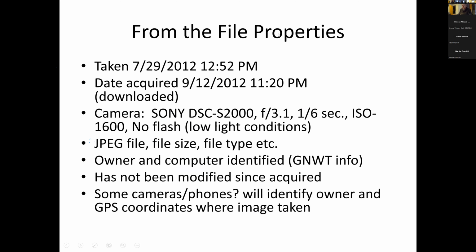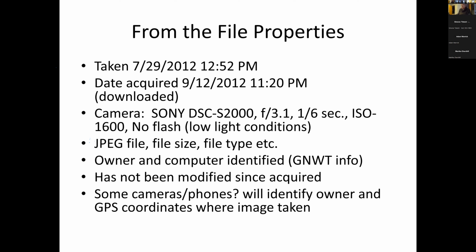What I can discern from the file properties is I know when it was taken, I know the date it was acquired, I know what the camera it was, including the model and the settings. I know that the flash was off. The JPEG file size, the owner of the computer is identified, has not been modified since acquired. And this is the same with things such as your camera on your cell phone.